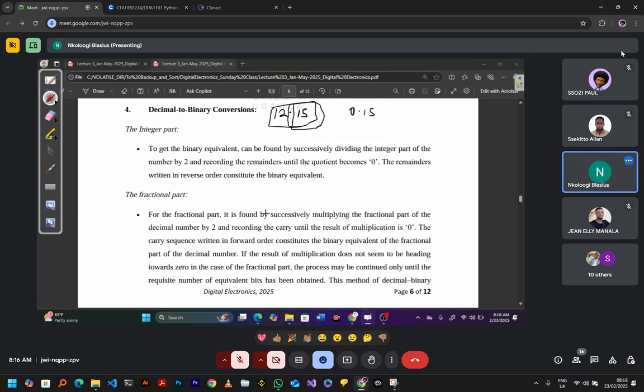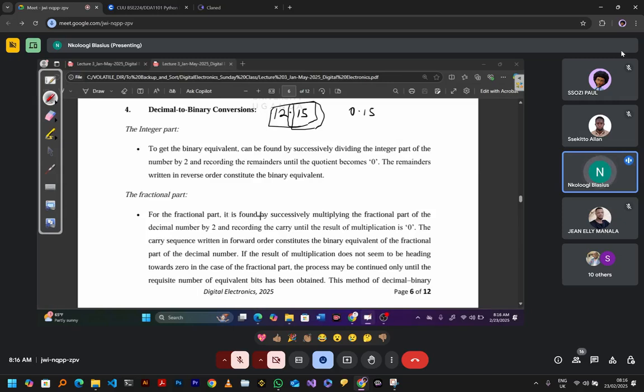And I say that you have to multiply by the base number that you want to move to, and then you keep on recording the carry while the multiplier is always now pushed on the next column. So these are the statements that I'm trying to explain.